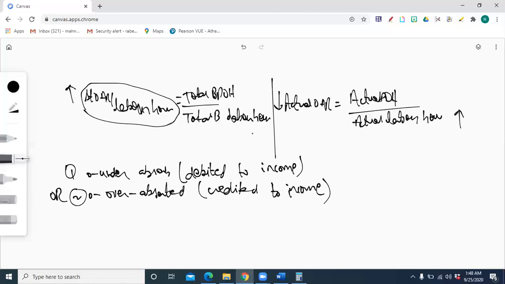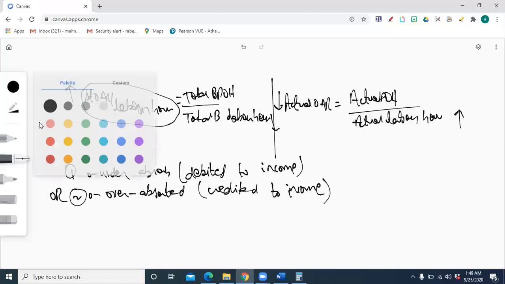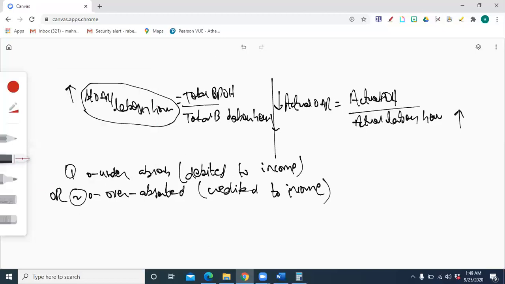If actual rate is lower, then the standard OAR would be higher, because if actual labor hours are more than the budgeted labor hours, budgeted labor hours are less. Standard OAR would be more than the actual OAR. And if standard OAR is more, we are over-absorbing. So easy to identify. If actual labor hours are more, actual OAR would be less than the standard OAR.